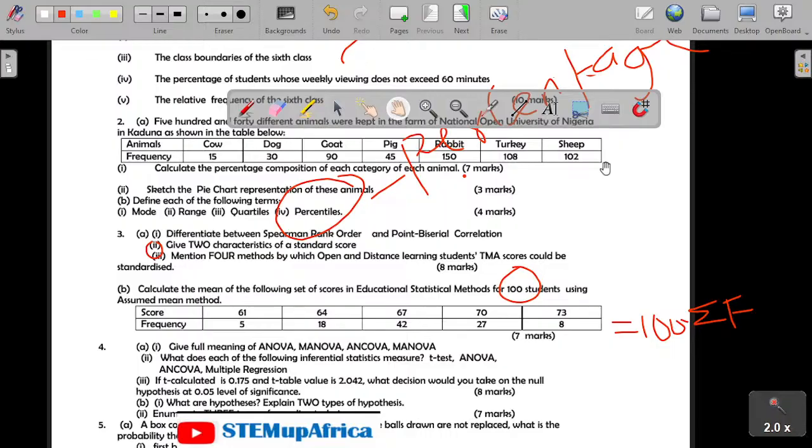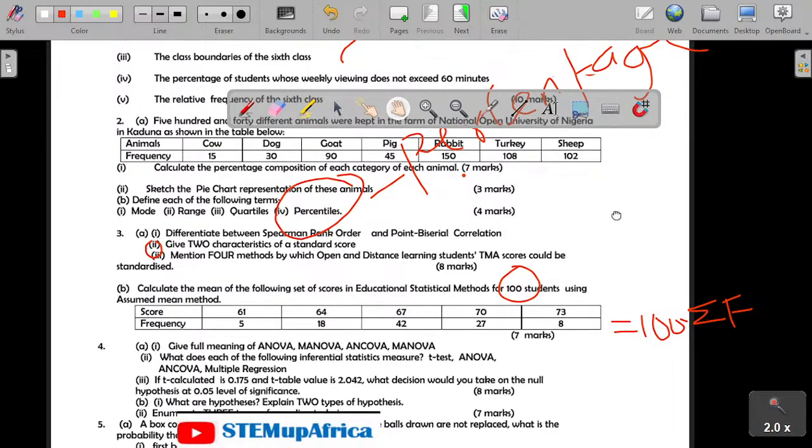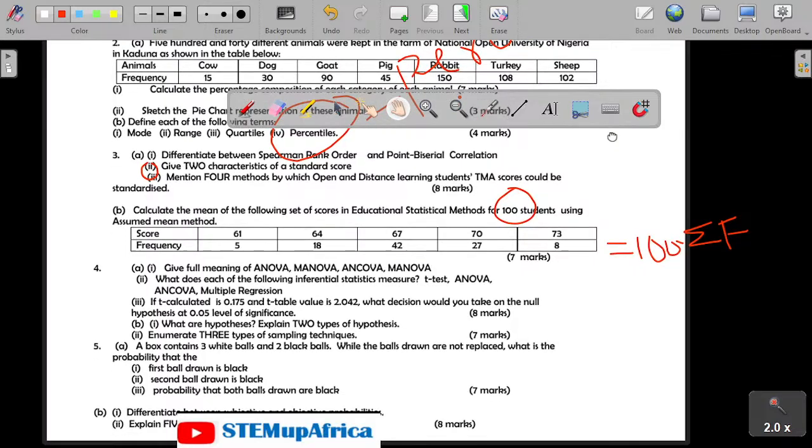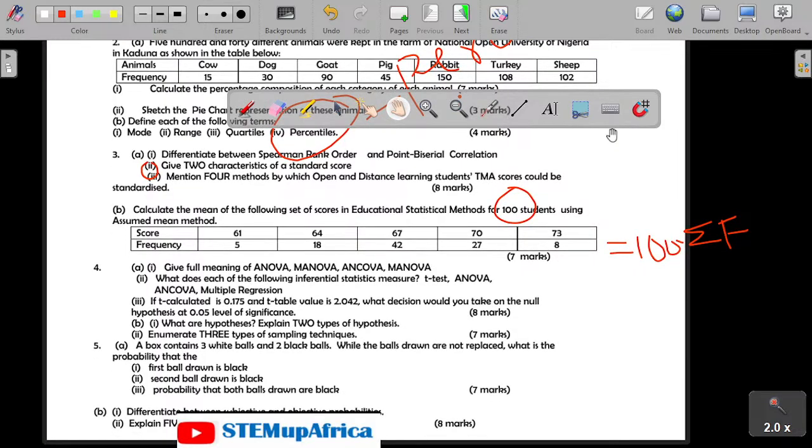Anybody know how you can get the assumed mean? Assuming, what do you mean, sir? I can hear you. Is it the total summation of the numbers all over the number of numbers?